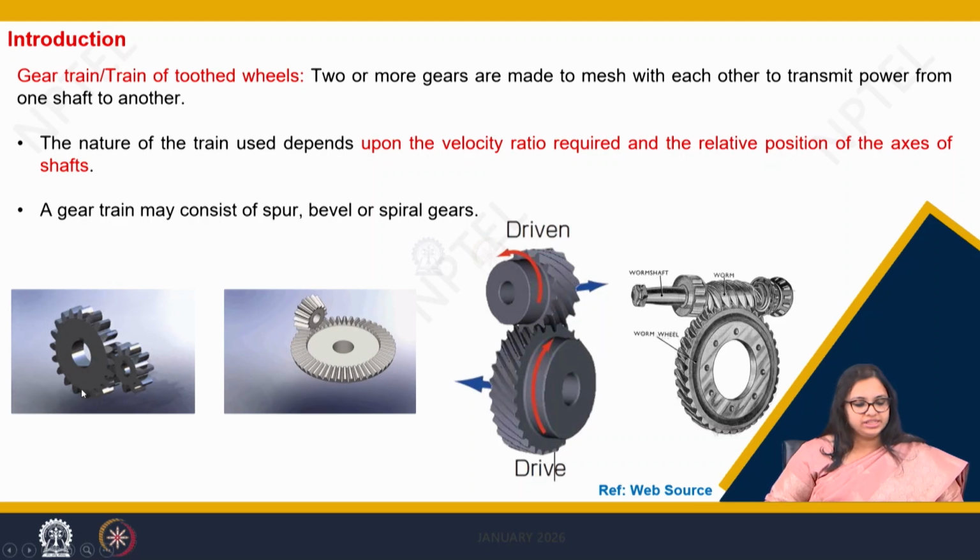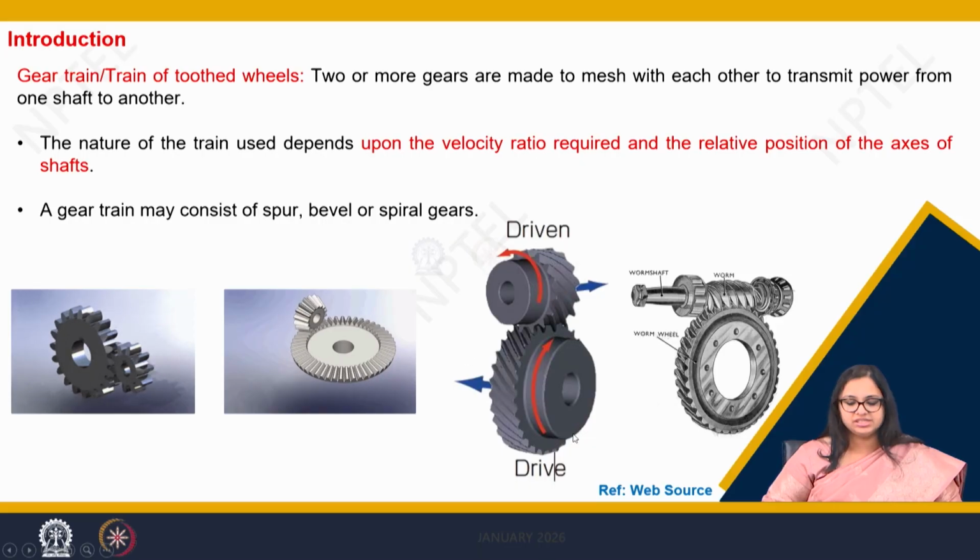So, in this picture, this is the first picture, which tells that there are only two gears and the teeth are also straight here. Well, in this configuration we see that the shafts are perpendicular to each other and we call this configuration a bevel gear.